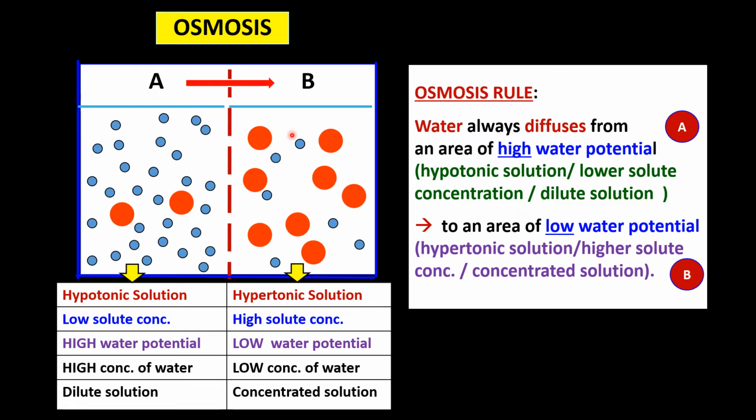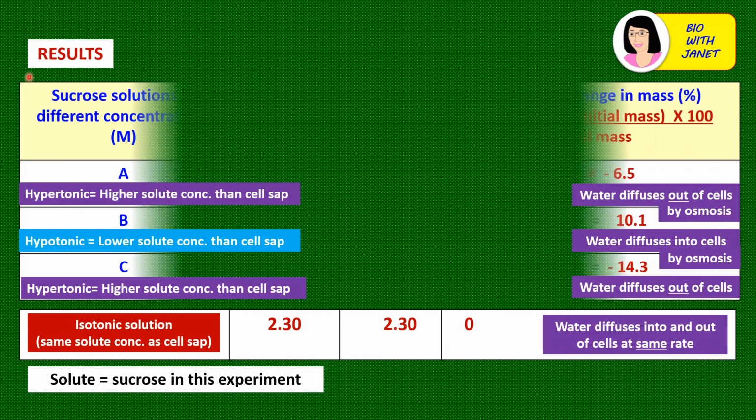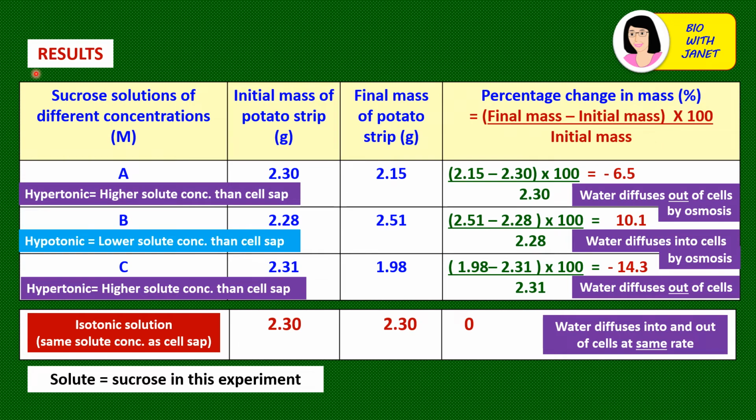So for our potato experiment, the cell sap of the potato may be hypotonic or hypertonic to the surrounding fluid. Okay, so let's look at the results again. Let us refer back to the results that we obtained in experiment 1 in the previous video, the experiment on osmosis.